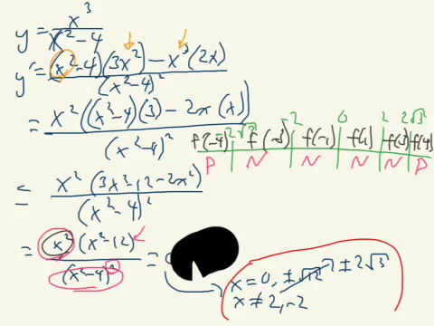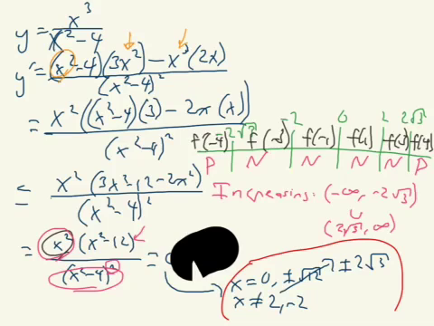So we are going to have an increasing function, just the beginning and the end, from negative infinity to negative 2 square root of 3 in union with 2 square root of 3 to infinity. And then it's going to be decreasing. How do I write this?